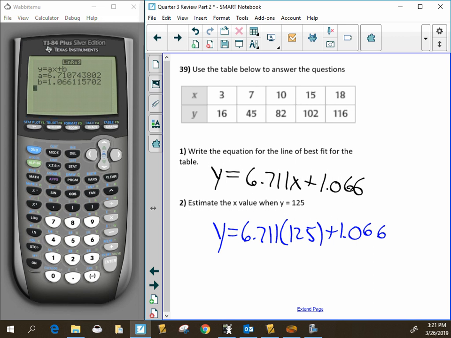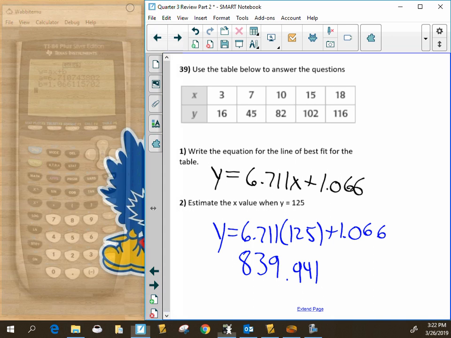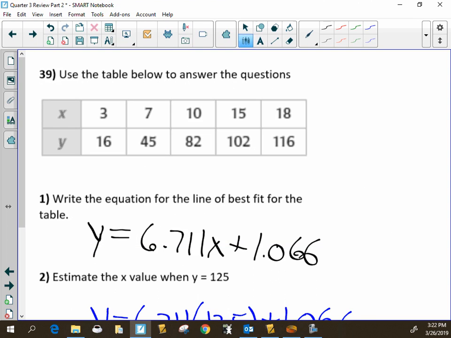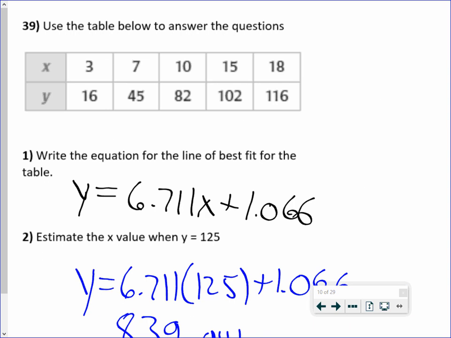And you will get 839.941. All right. So that's it with the line of best fits.